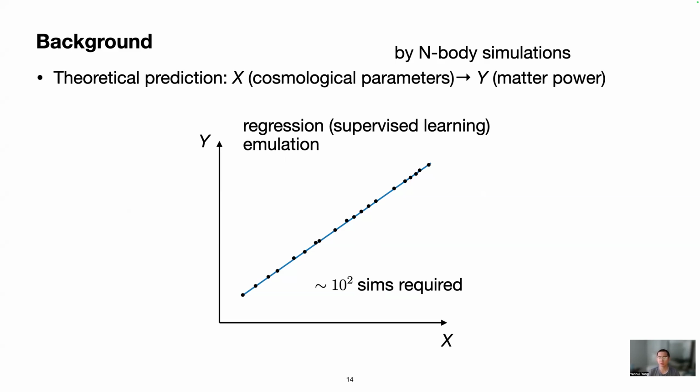What we can do is to do regression, which is also known as supervised learning. And in this context, we call it emulation. And in this way, only a few hundred simulations will be required.